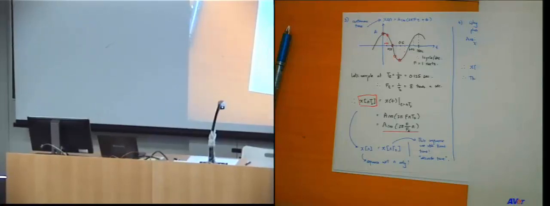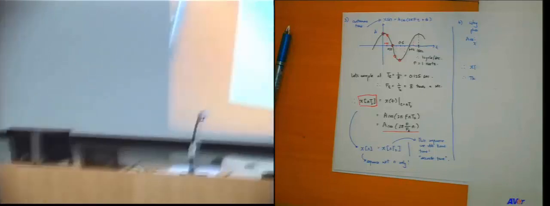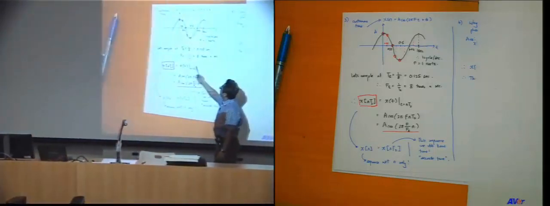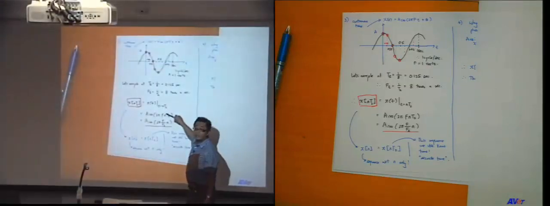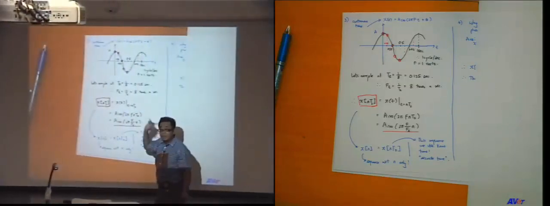How do we derive this equation from the previous one? We plug in A cos 2 pi f t here, ignoring the theta, because in this example theta is 0, no phase shift. t equals nTs, so we plug n big T into the small t. So far okay? Clear?